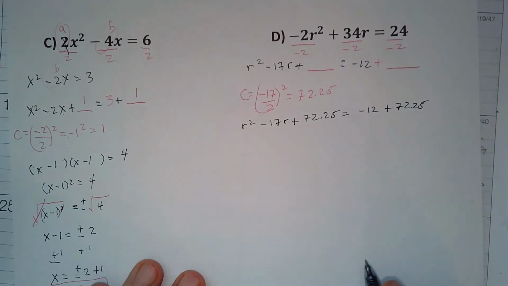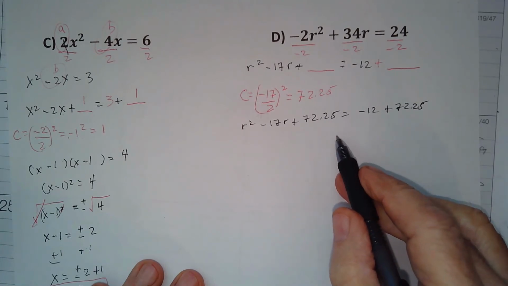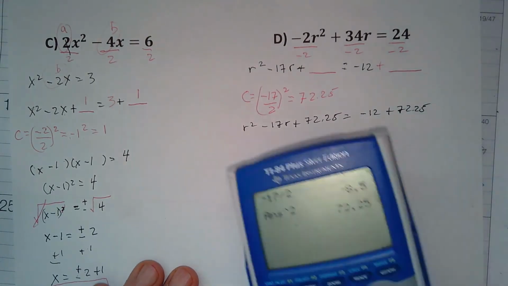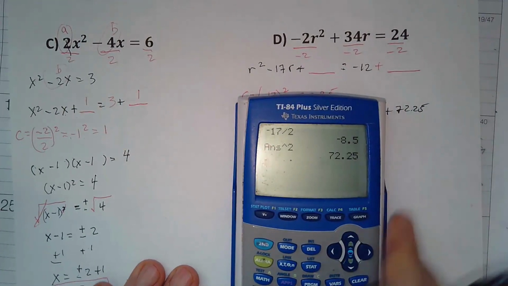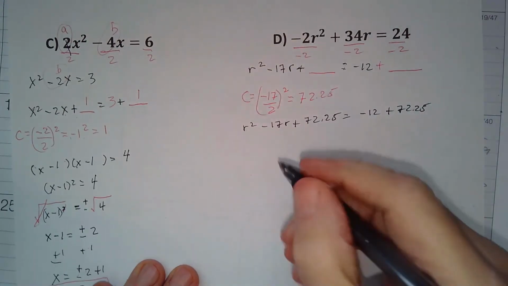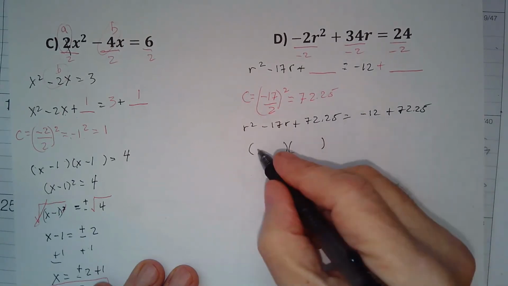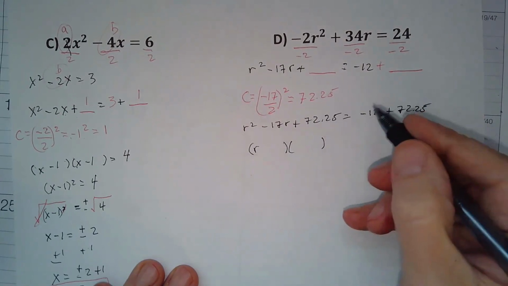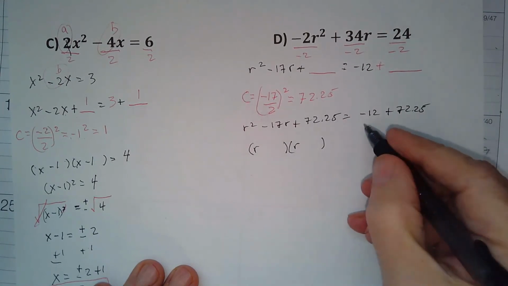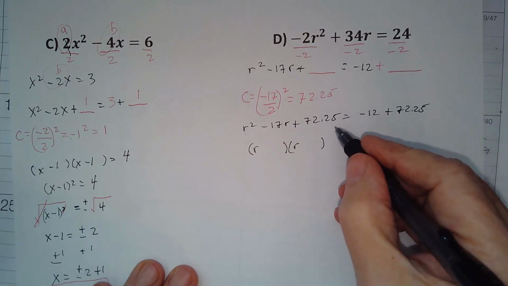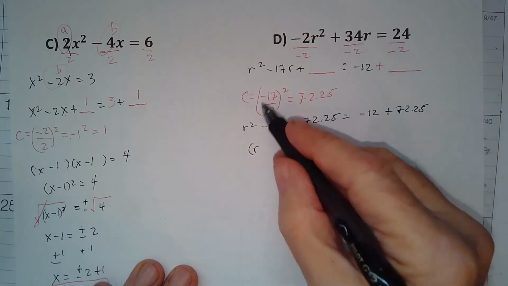Okay, so now we want to factor this. So that's kind of ugly, but remember it's negative 17 over 2. So we can figure out what negative 17 over 2 was. I think we already did. Didn't we say that that was negative 8.5? So we can set this up. First, we could set it up as R and R, and then what multiplied together is 72.25, that when added together is negative 17. Well, let's go back to this.